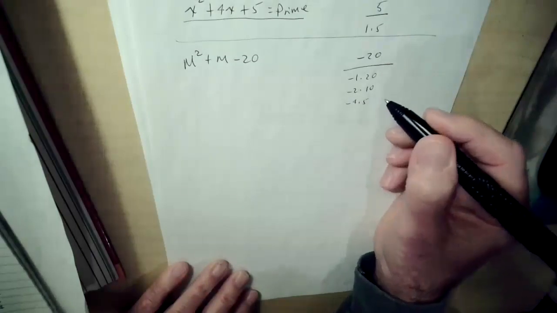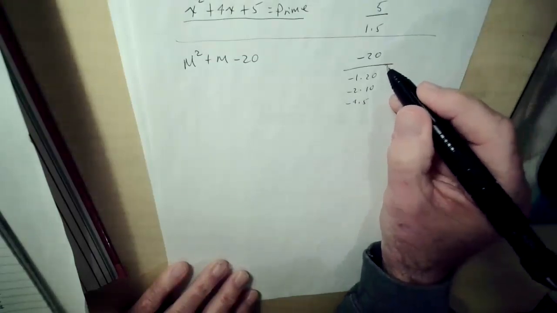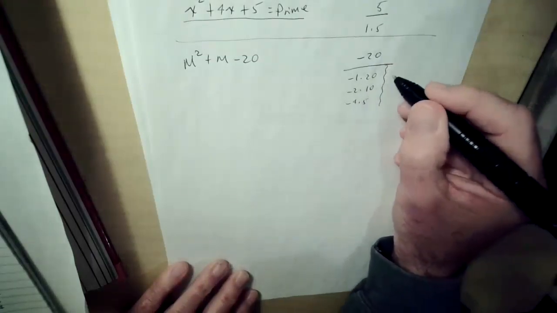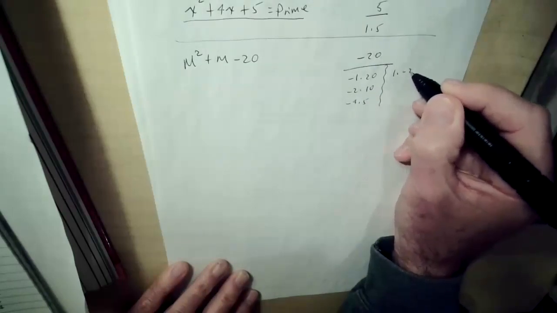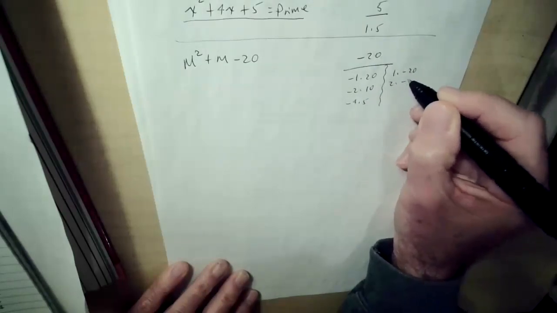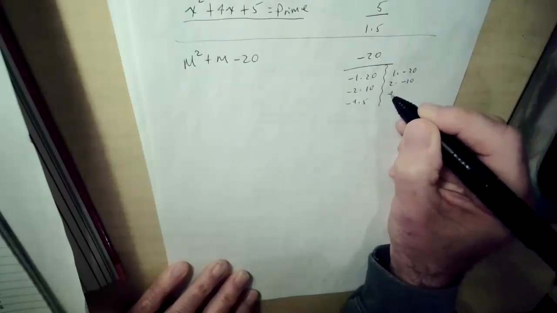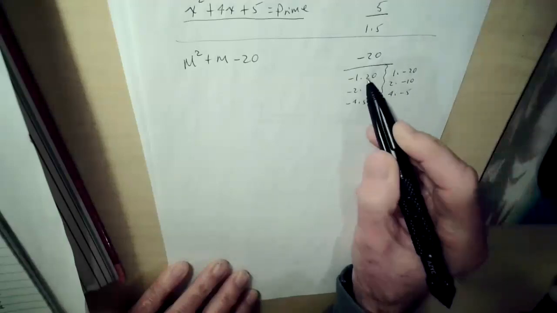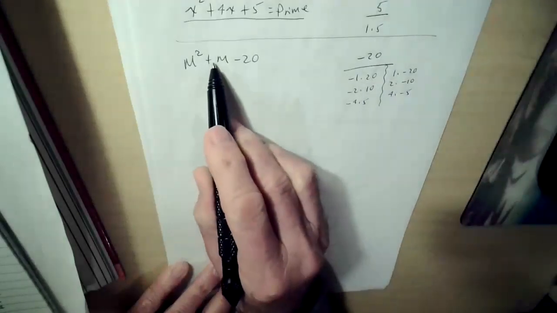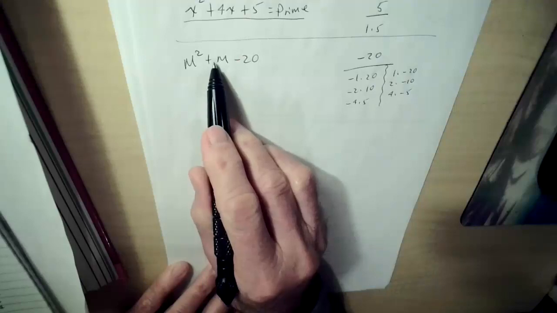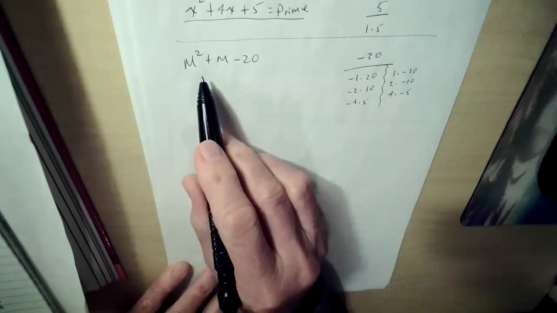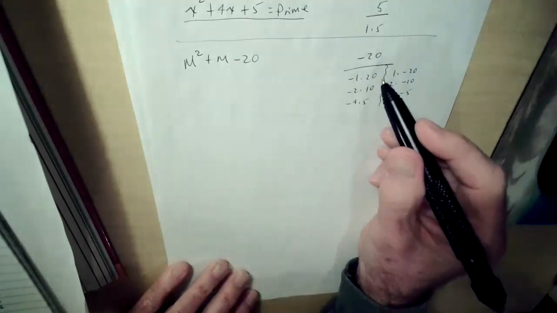Negative 1 times 20, negative 2 times 10, negative 4 times 5, and that's all. It can also be the opposite: 1 times negative 20, 2 times negative 10, and 4 times negative 5.